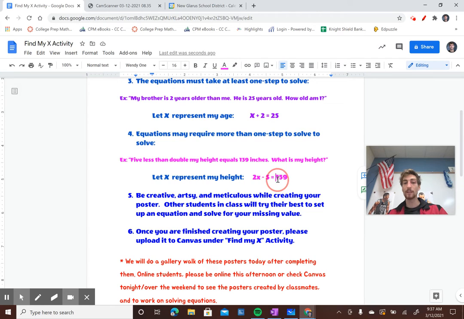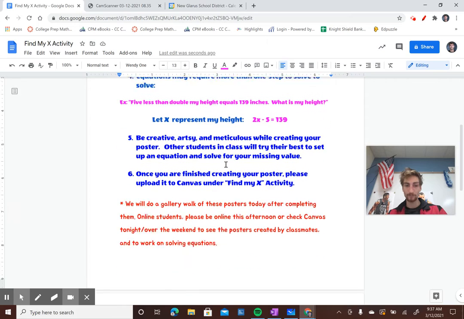And then when we make this 144, it'd be 2X equals 144. So we have to divide both sides by 2 to get X alone. So this would turn into just X, and then 144 divided by 2 would give me 72 inches. So my height would be 72 inches.